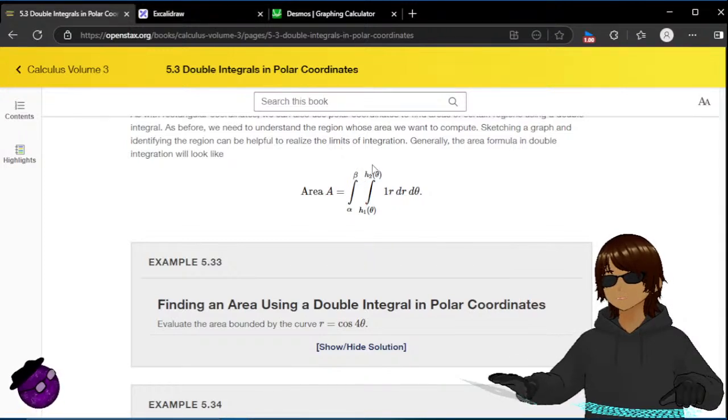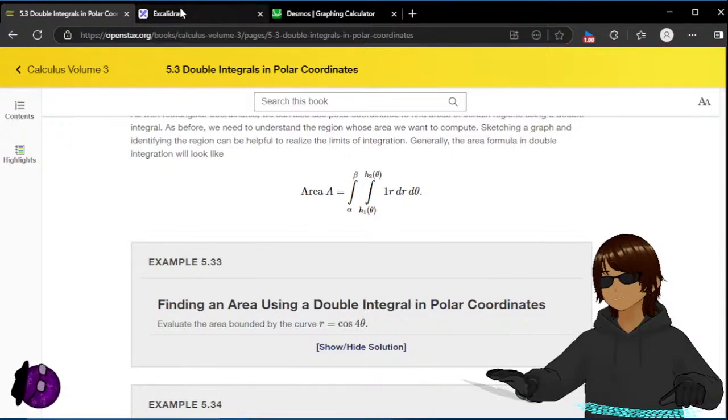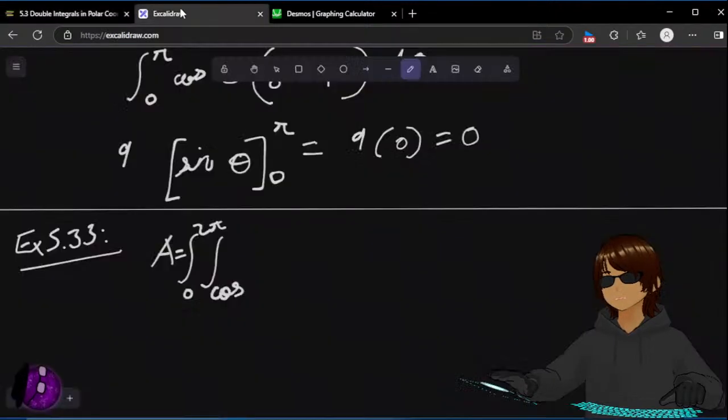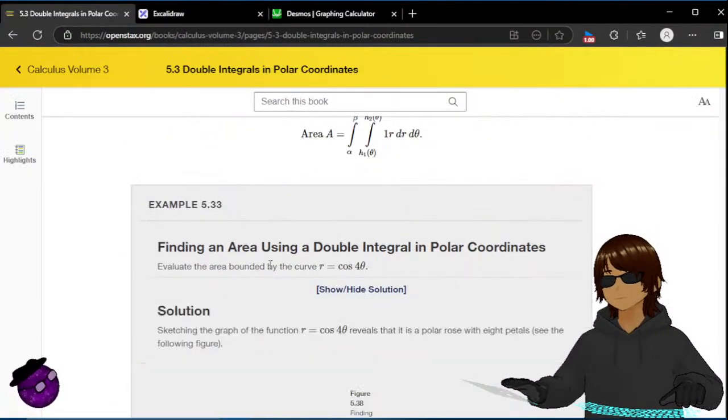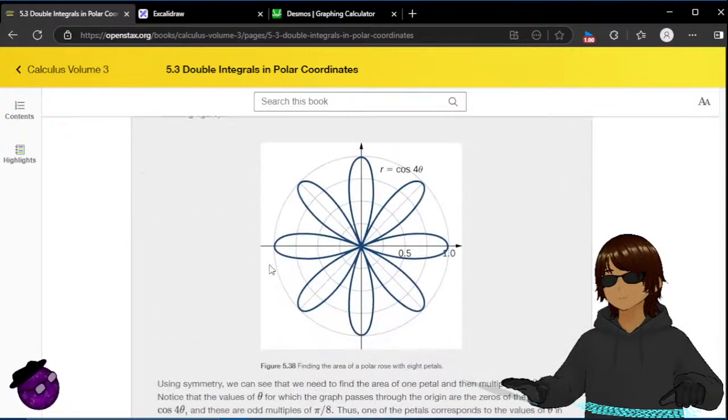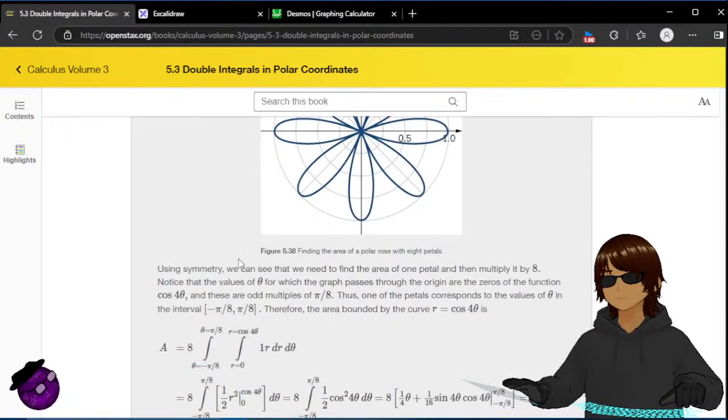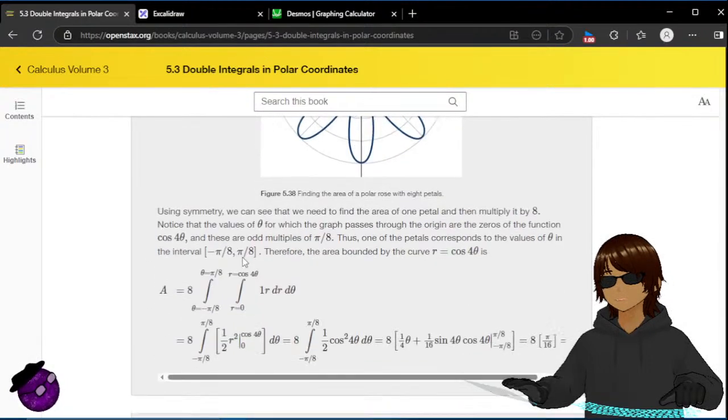But it's the same equation. The radius varies from... okay, so they use symmetry from 0 to cos 4 pi.